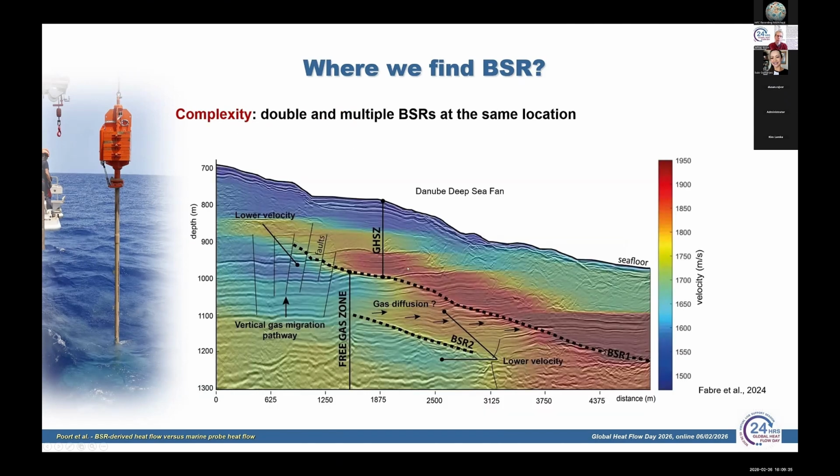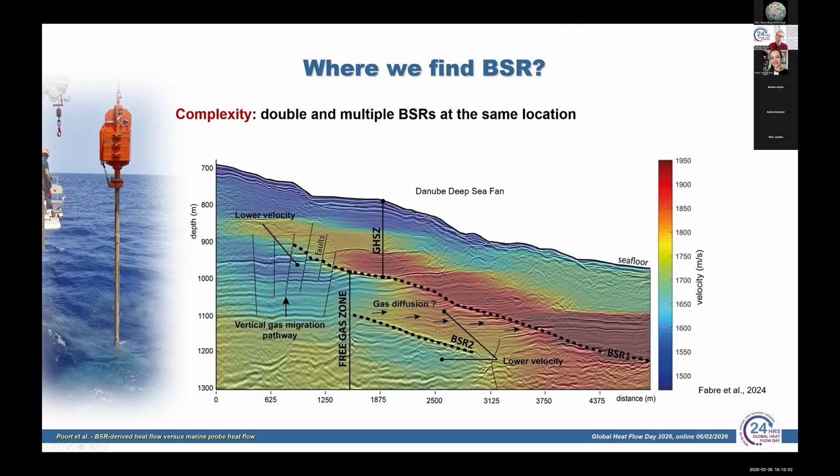Another thing that makes it a bit complex if we want to derive the heat flow is the fact that sometimes we observe multiple BSRs; double or even up to 4 BSRs have been observed at the same location. This is an example from the Danube sea fan from the GAS project, and you can see here there is something called BSR-1, which is the BSR according to the actual conditions, but there is another BSR here that has been observed.